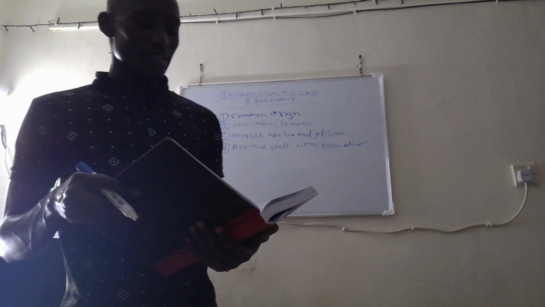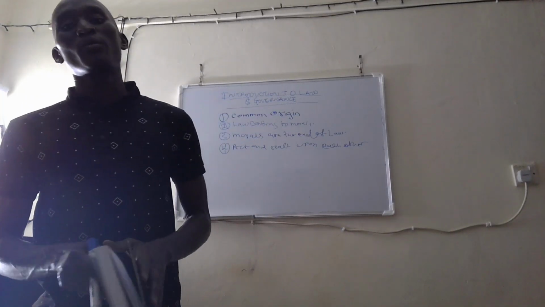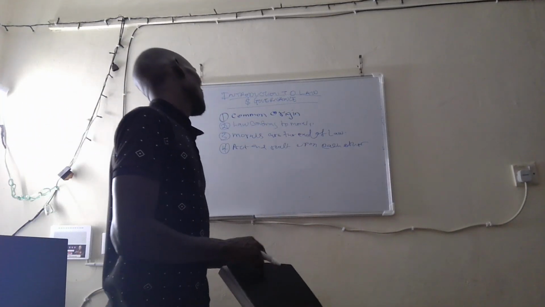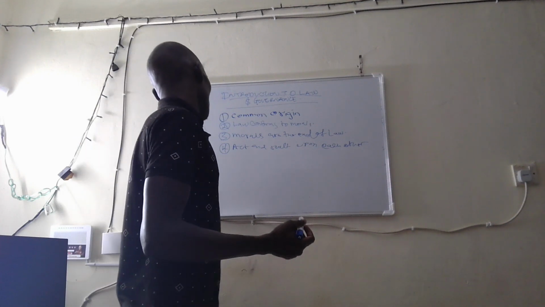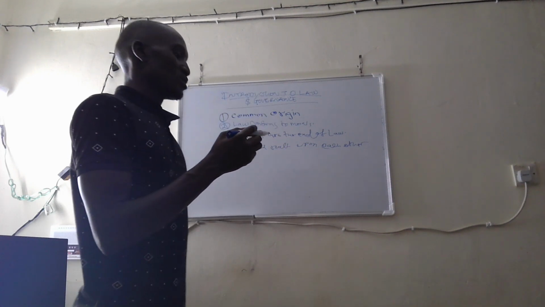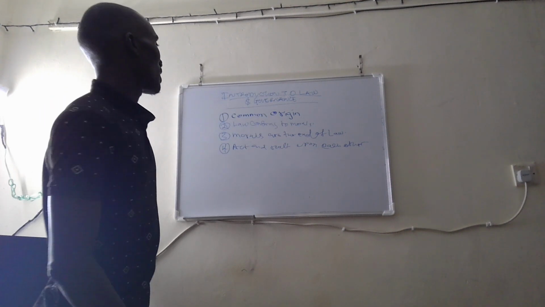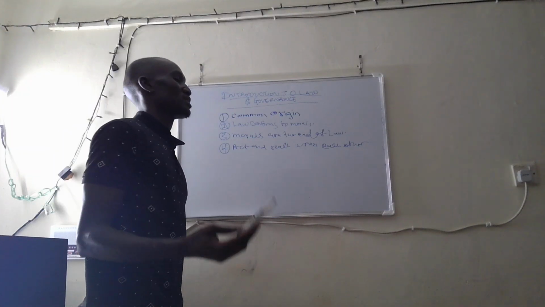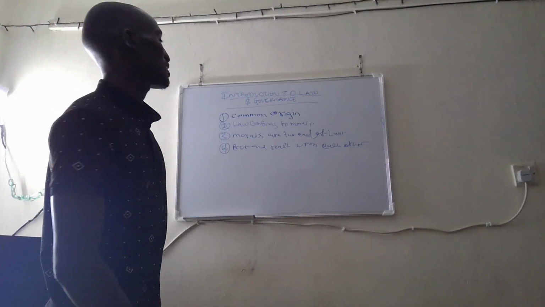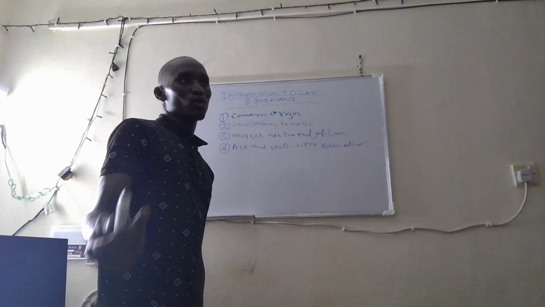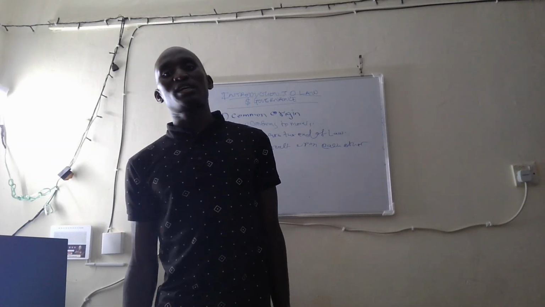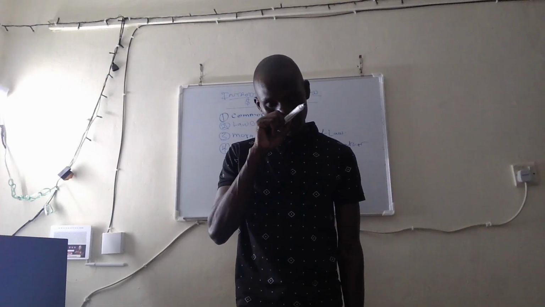A person who is morally upright finds it easy to obey the law. So the similarities between law and morals: number one, they have a common origin. Then law conforms to morals and morals are a test of law.